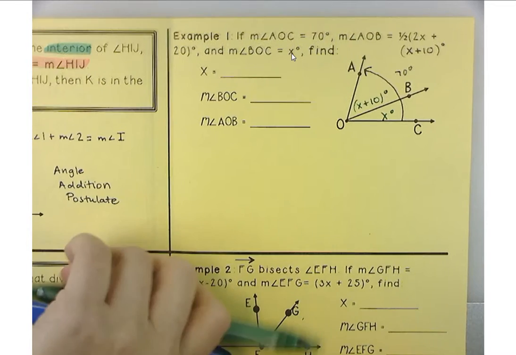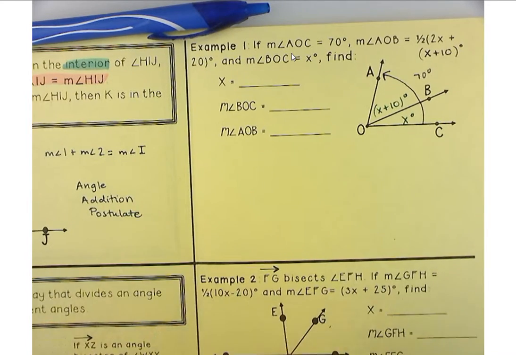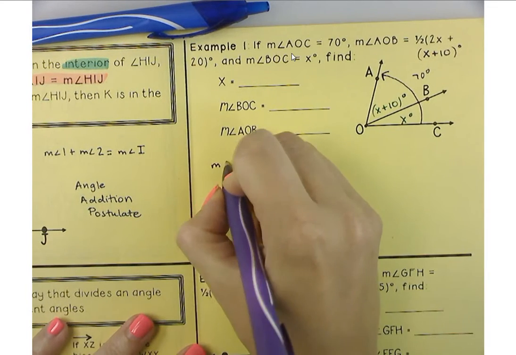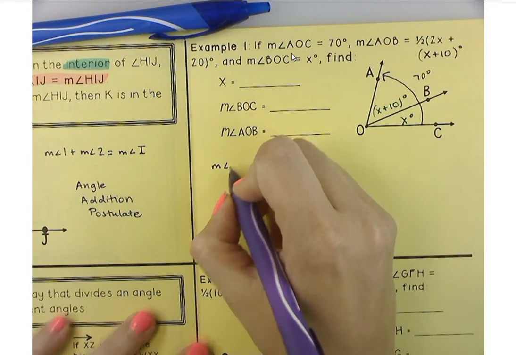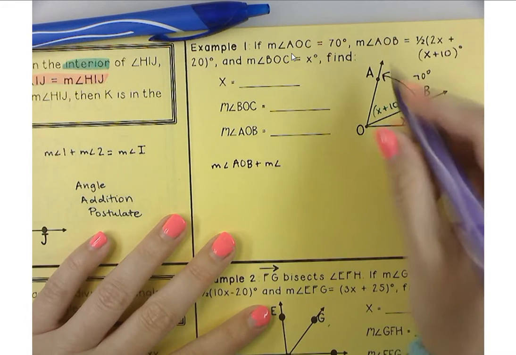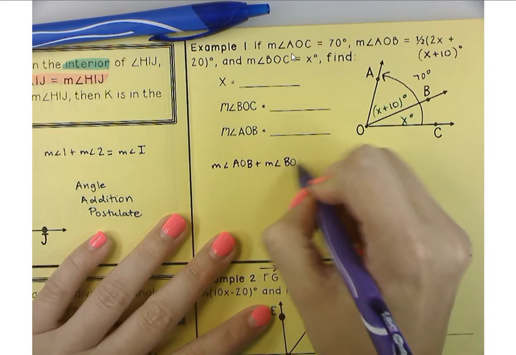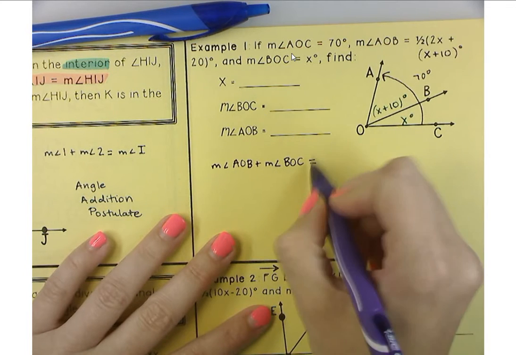Once you have it labeled, now you can set up an equation. We're going to use the angle addition postulate. The measure of our first angle, AOB, plus the measure of BOC. Danny, can you tell me what angle that's going to equal?